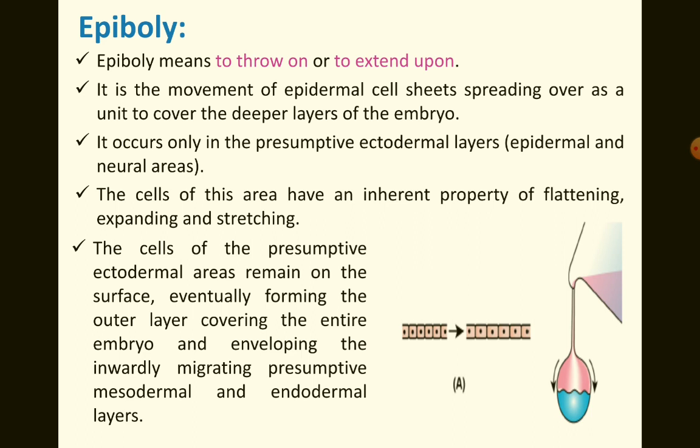The cells of the presumptive ectodermal areas remain on the surface, eventually forming the outer layer of the entire embryo, and they envelop the inwardly migrating presumptive endodermal and mesodermal layers. Thereby, by the action of epibole, all the ectoderm forming cells come and align at the outer surface of the embryo. So this is what epibole is all about, and it is confined only to the epidermal cells.